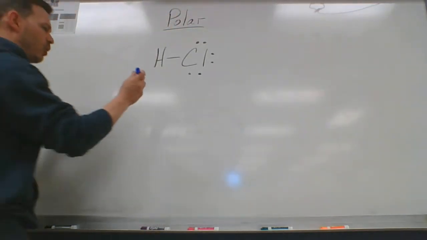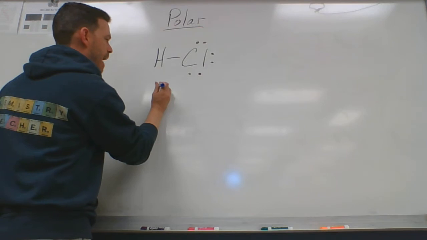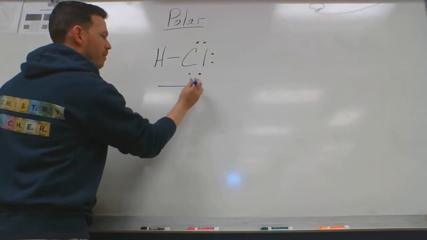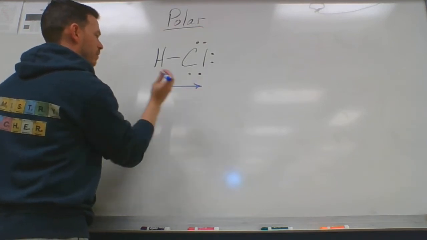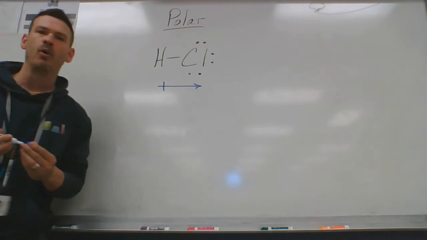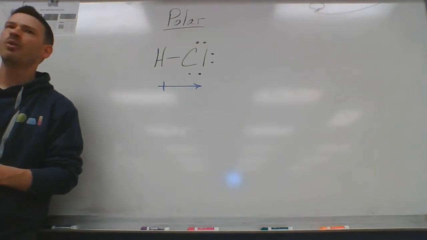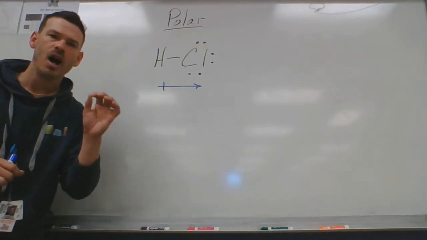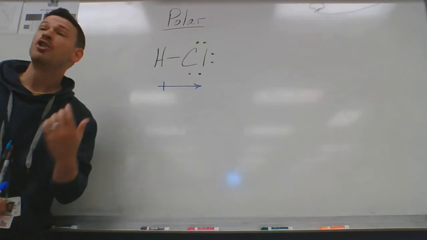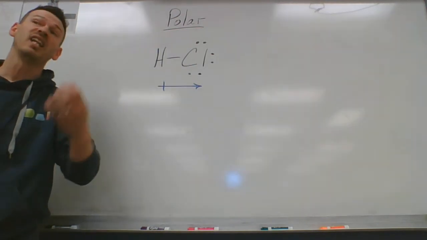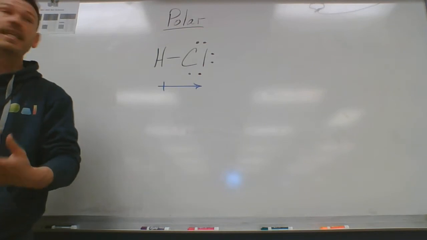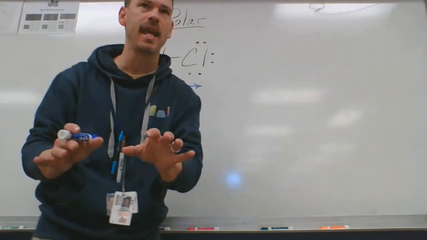I want you to watch how I show this. This is called a dipole. And in the dipole, you point an arrow towards the more electronegative atom. Do you agree that chlorine is more electronegative than hydrogen? Yes, because it's further right and up on the table, right?